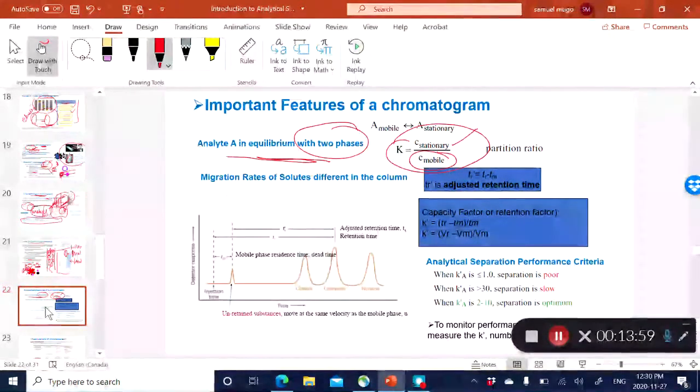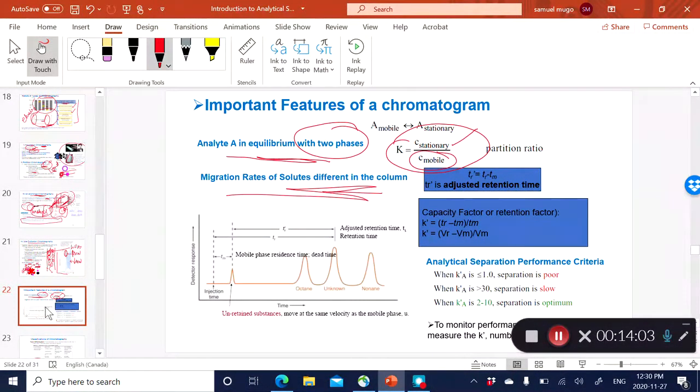And so based on that, the migration rates inside the columns are different. And so typically that's how you actually calculate the retention time, which is the retention time of the analyte minus the amount of time that the solvent, the TM, refers to the amount of time that the solvent took to simply percolate through the column.